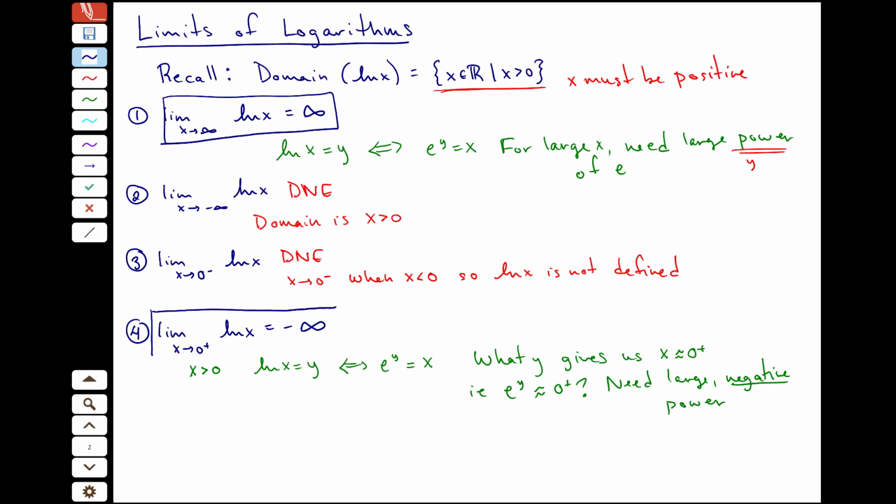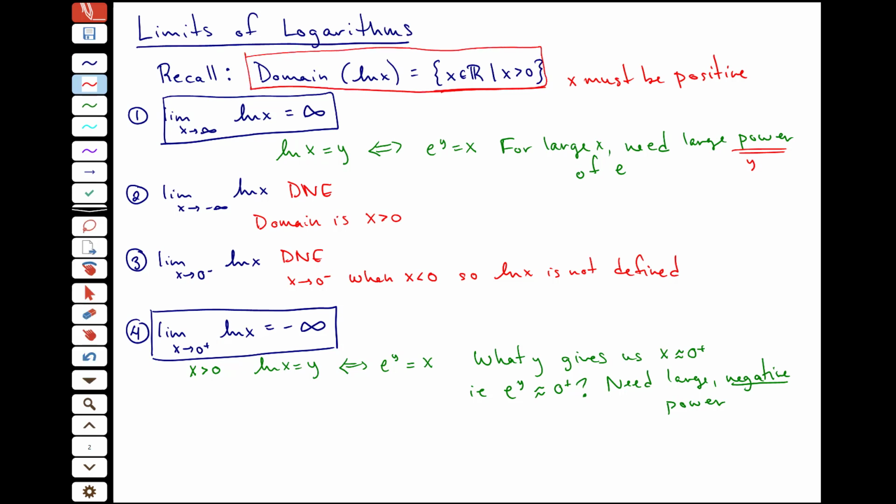So we get 2 more limits with logarithms, but we can't just do infinity and minus infinity. We can do infinity, or we can do 0 from the right, because that is the edge of our domain. So we're looking at both sides of the domain of our function.